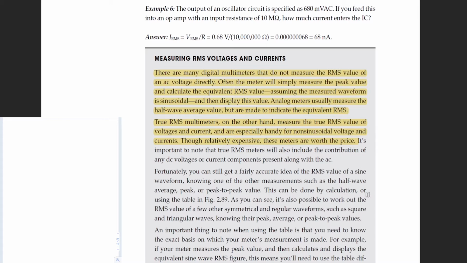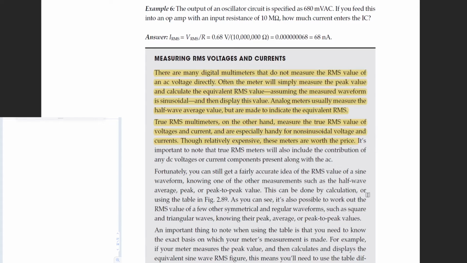Is that like saying that if a circuit has an AC input plus a battery supplying some DC voltage, then the RMS becomes the sine wave AC plus the DC? That would be obvious, I would have thought. Fortunately, you can still get a fairly accurate idea of the RMS value of a sine waveform knowing one of the other measurements, such as the half wave average, peak or peak to peak.